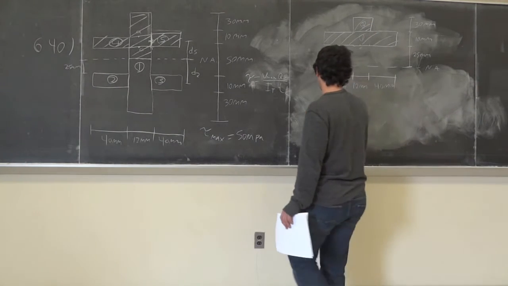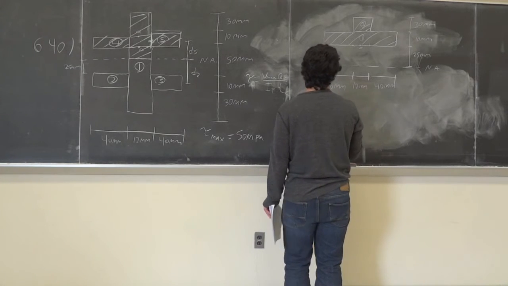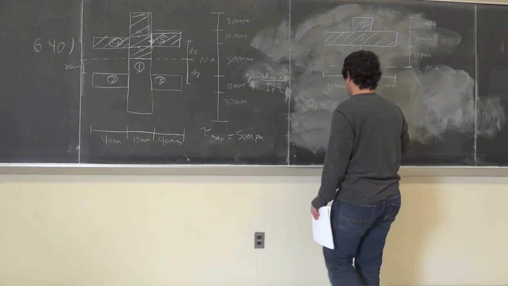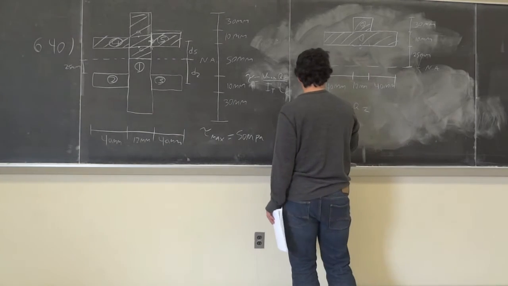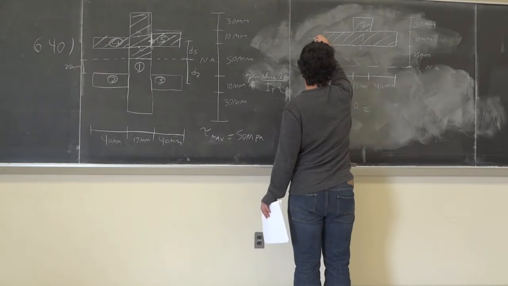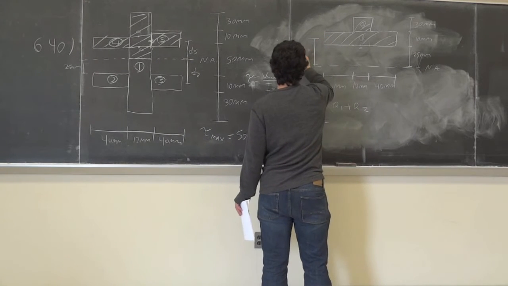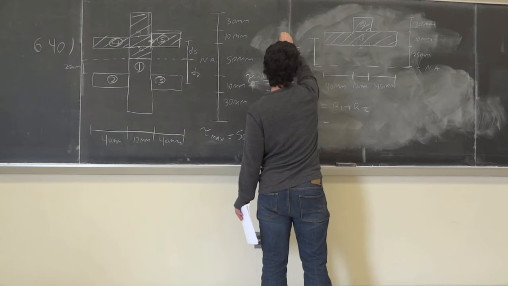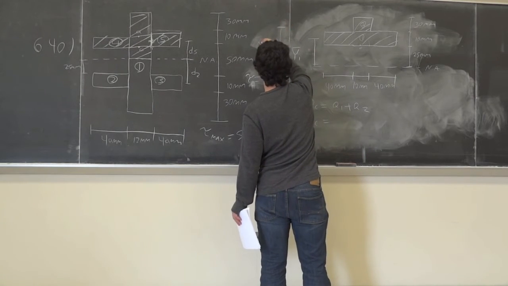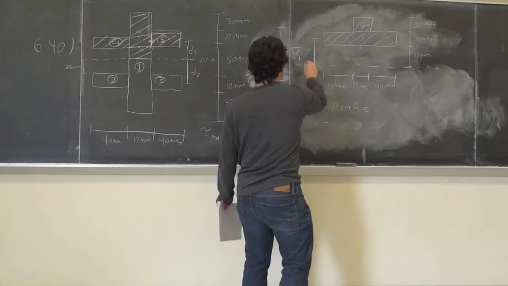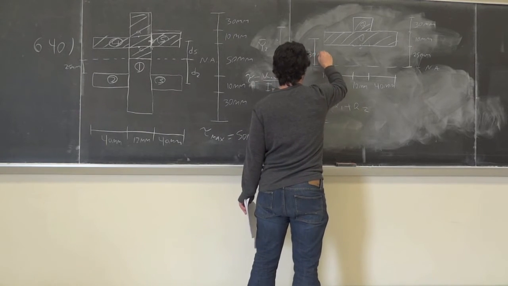So QC is equal to Q1 plus Q2. We need this distance, which is y bar 1, and then you need y bar 2. So what's y bar 1? It's 30 millimeters, exactly.